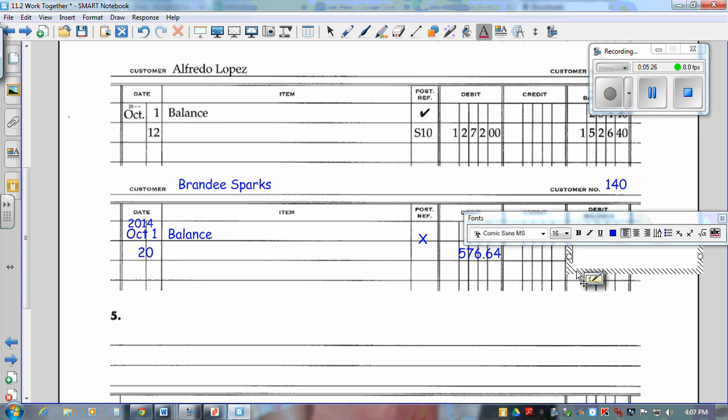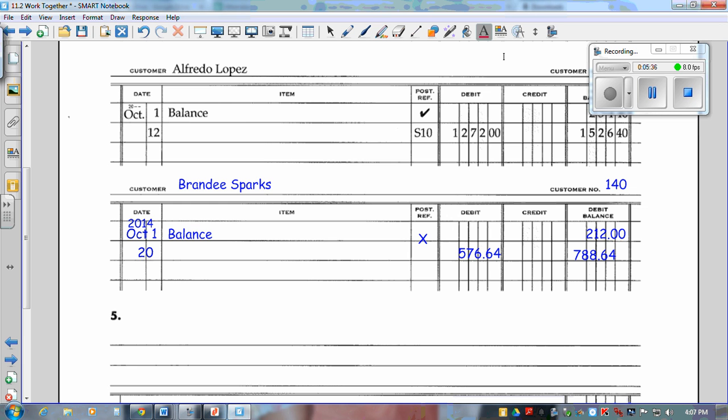When you add those together, you should have gotten $788.64. Not exactly lining up perfect, but I can't reach the smartboard with my microphone. Okay, one more thing. What is it that we have forgotten to do?